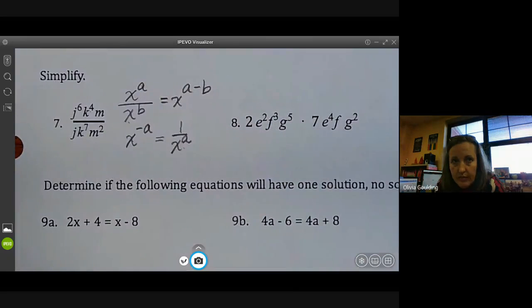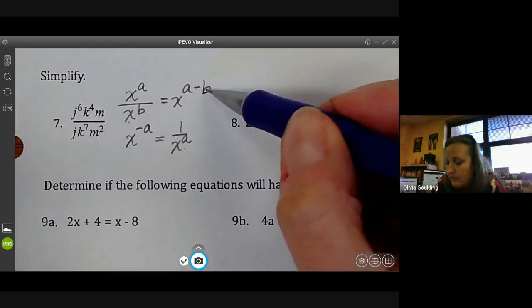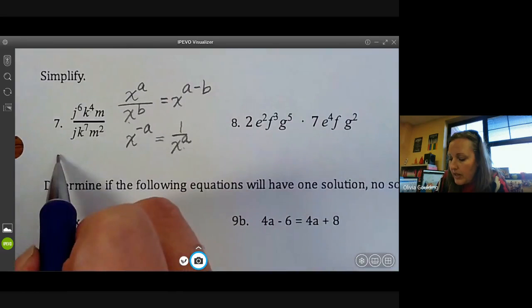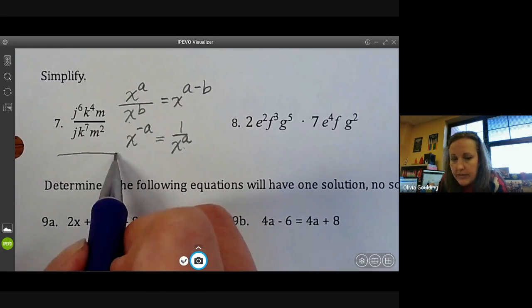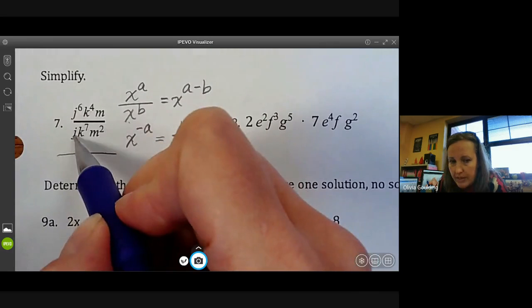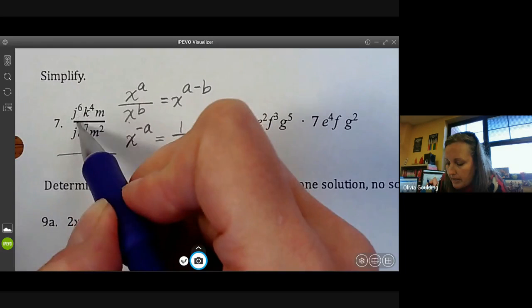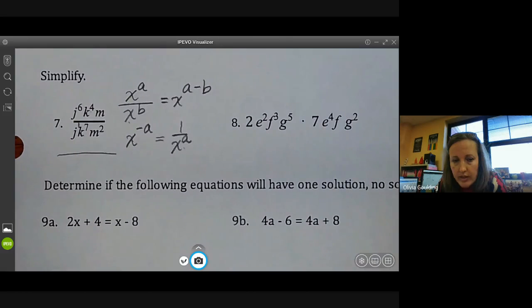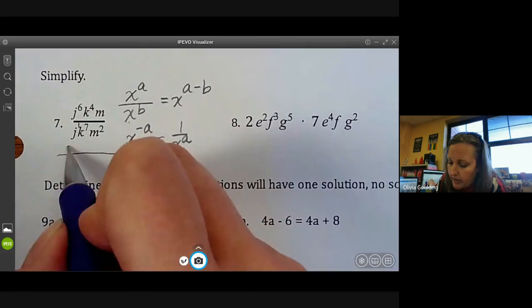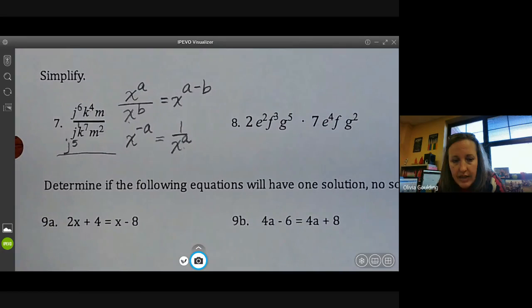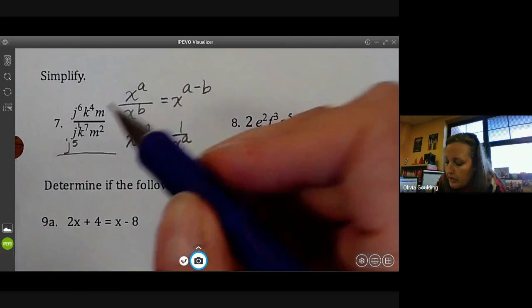So I really need both of these rules here, because if it's going to be a negative, I'm going to have to move it into the denominator, right? So I'm going to go ahead here, give myself a vinculum, and I'm going to say j and j common bases, 6 minus 1, that's my 1 there, is a positive 5. So j goes on the top because I've got a positive 5 exponent.